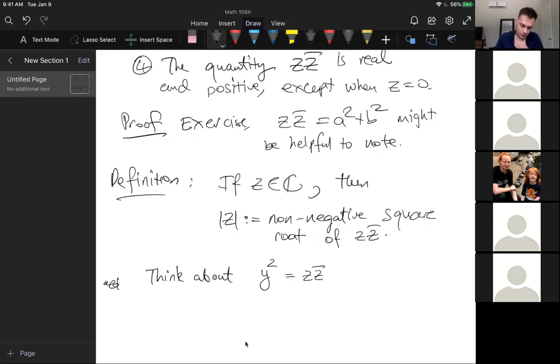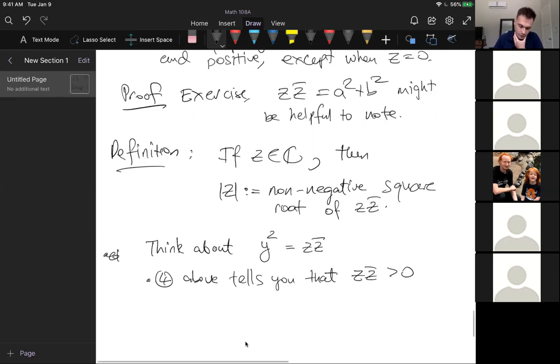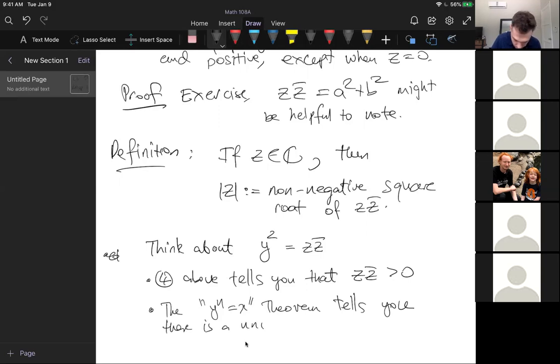Theorem 0.4 above tells you that ZZ bar is real and positive, and then the y to the n equals x theorem tells you there is a unique non-negative square root, which is the norm.